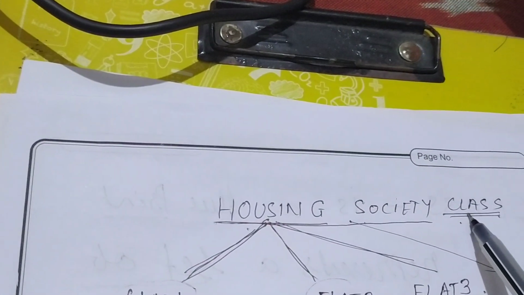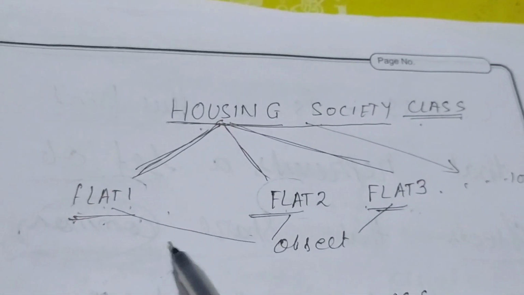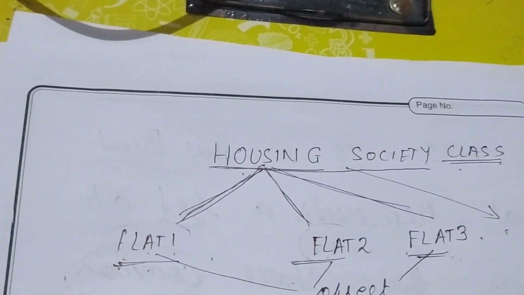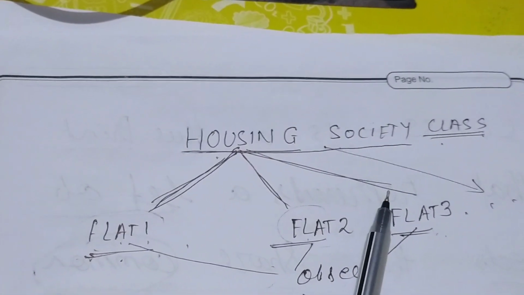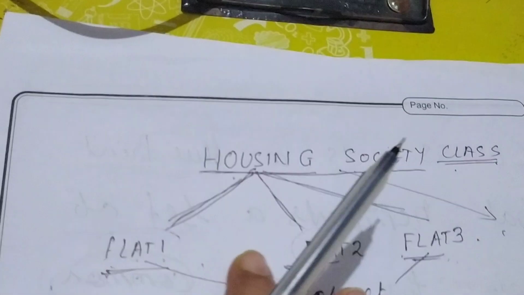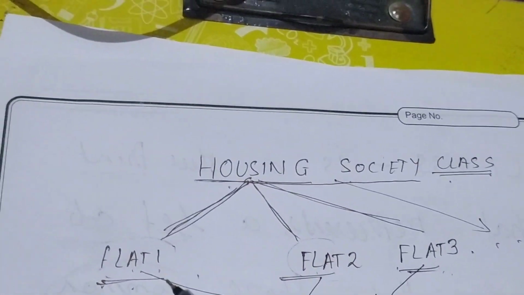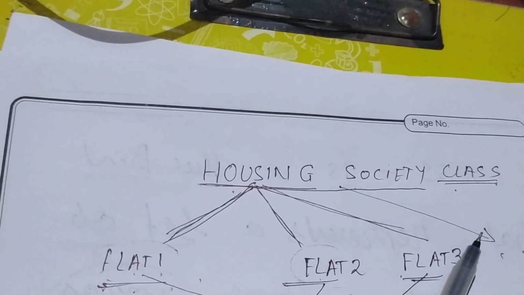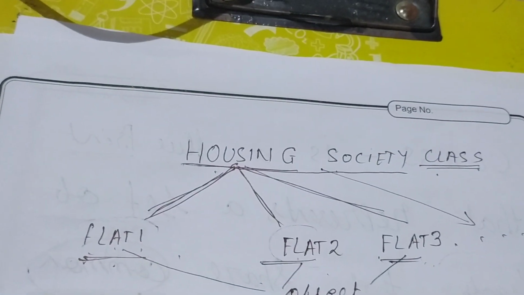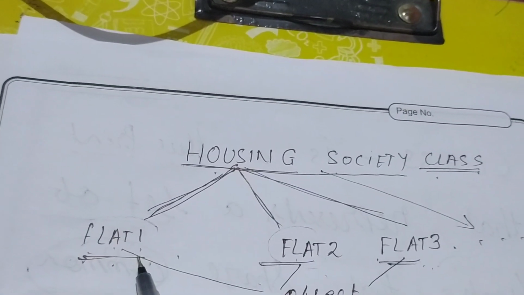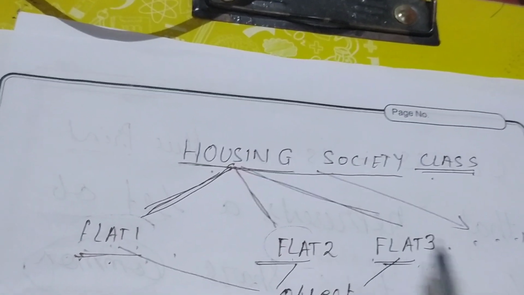If the housing society is the class, then flat 1, flat 2, flat 3, all these are known as objects. From this housing society only flats are going to be prepared, not a school or a restaurant. So all are similar type of flats. The design made for all flats is the same. Flat 2 looks the same as flat 1. All the structures of the flats are the same.